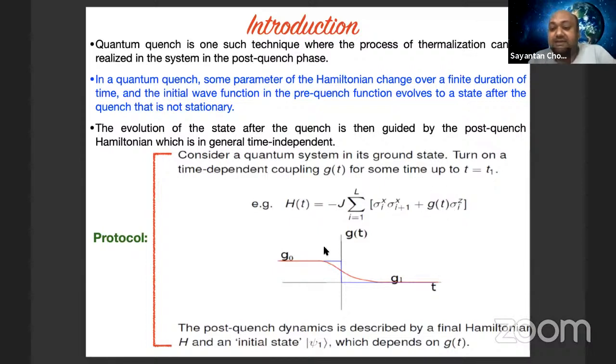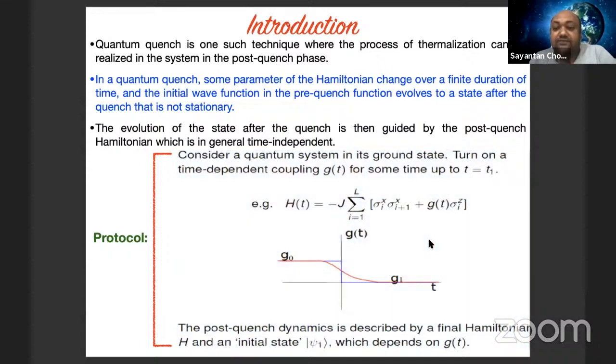Once it is switched on, it has some value g_0, and if you switch it off gradually, you will see that it goes to 0 or maybe some other value g_1, due to some particular properties or profile in this coupling g(t).